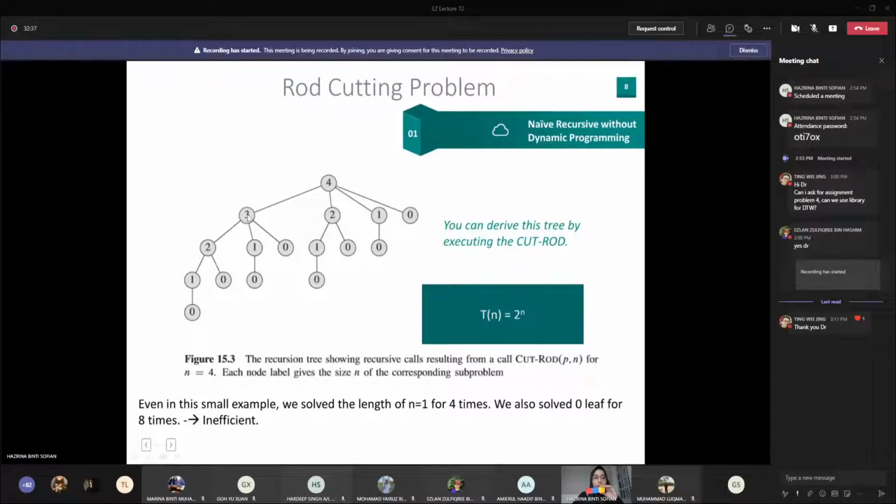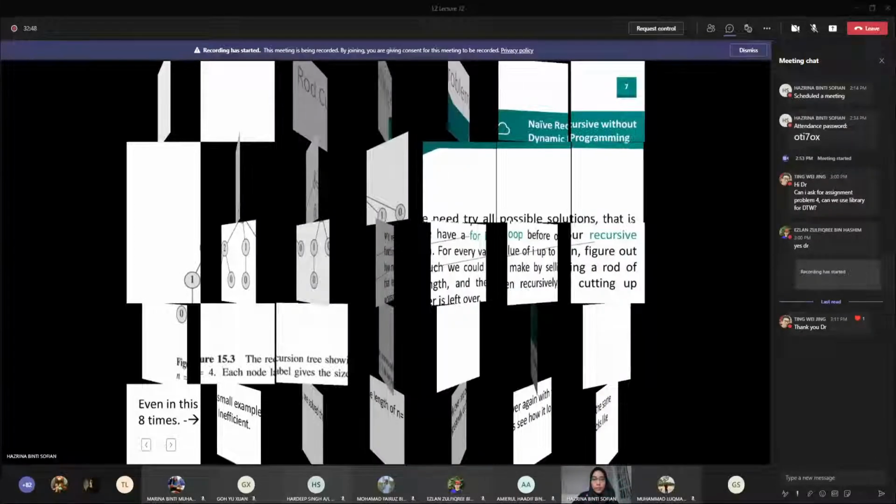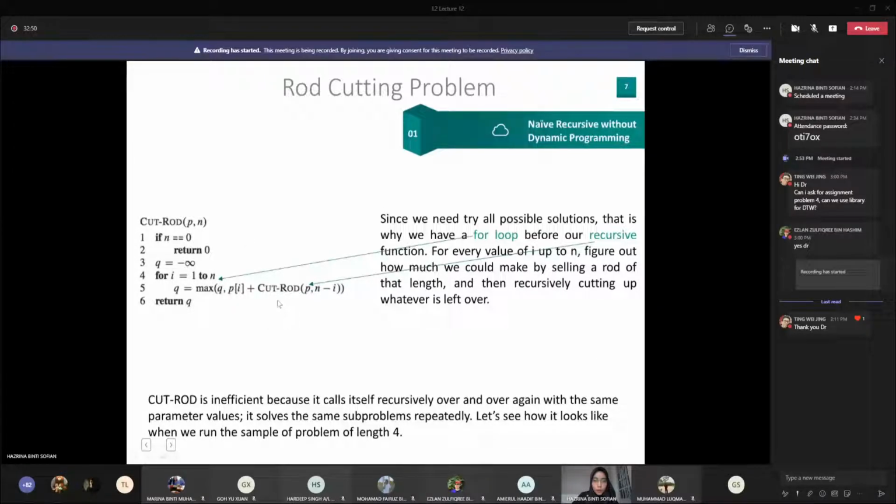Okay, so this 3, now we have cut rod 3. This cut rod 3, i is still 1. So remember our algorithm over here, before we call another recursive function. This is p. p is like the array that stores all of the prices. Okay, so I won't talk about this. I just talk about this n minus i. So currently i is still 1. So now n is equivalent to 3 minus 1. So we cut this.